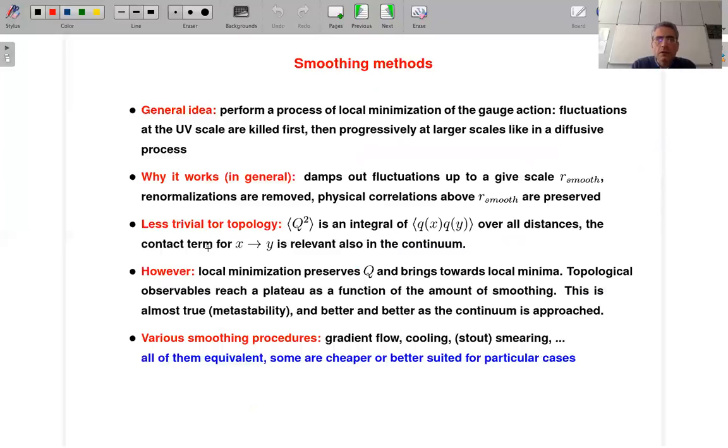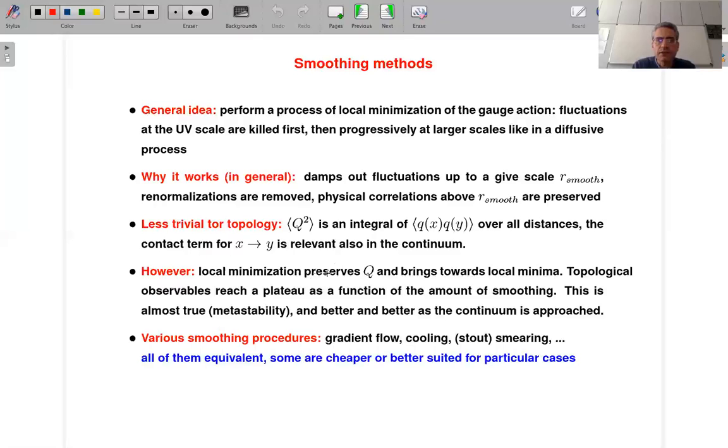So that includes also the contact term, which is also relevant for continuum physics. So the way smoothing methods work in topology is actually strictly related to the fact that the topological charge reaches a minimum on classical configurations, which are the instanton configurations.